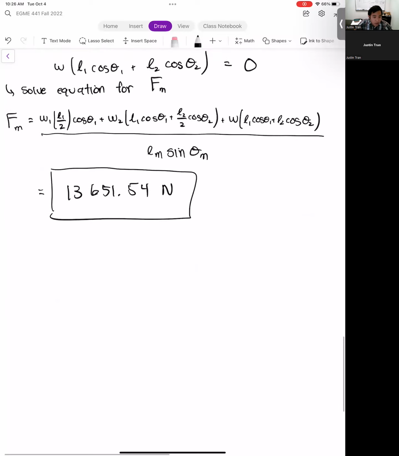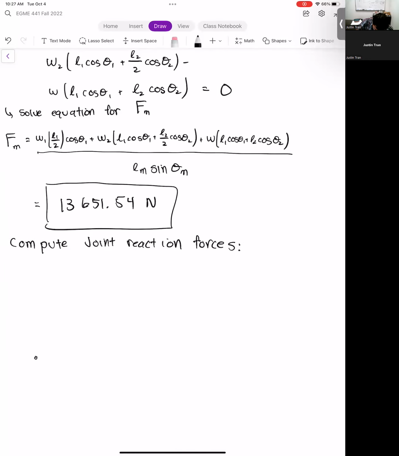Okay. All right, and so the last thing we're going to do here is compute the joint reaction forces, and to do that we're going to sum up the forces in the x and y directions. Okay. But for this one, there's a little bit of a complication too, and so I want to make sure I talk about this as well. Okay. And so to do this, let me go ahead and draw the lower arm again, or the upper arm, excuse me.